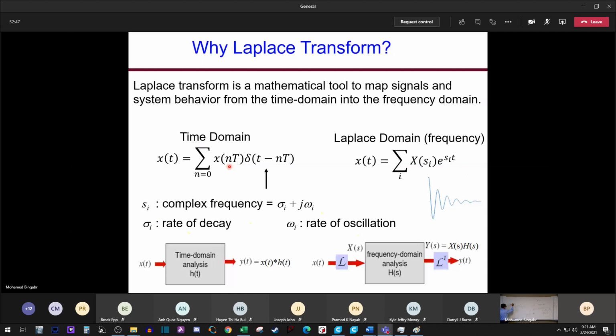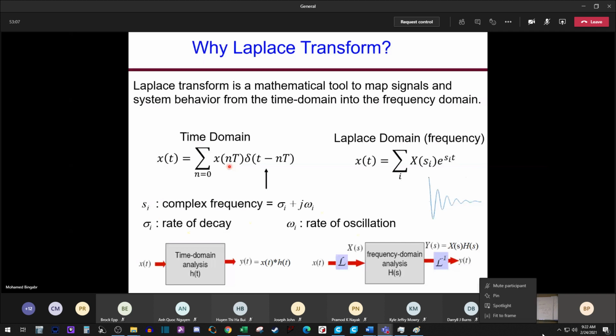If I have the analog, the continuous, then it's perfect, but everything is digital. So x of t can be represented as a sum, now it's going to be like n T or k T, where k is a number, 1, 2, 3, 4.